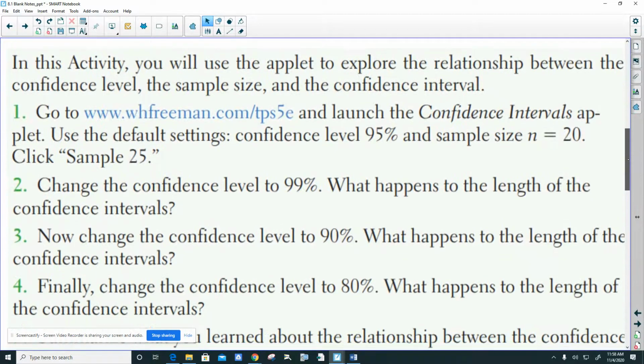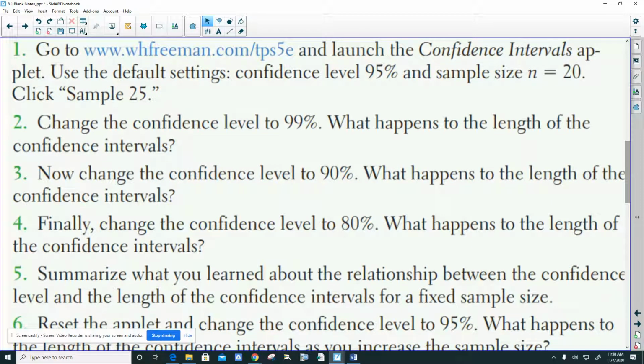So I'm going to go back and launch that applet that I had open before, and set it up with these settings. I'm going to start with a 95% confidence interval, taking samples of size 20, and I'm going to take 25 samples. Okay, and we'll get to see those 25 confidence intervals constructed.